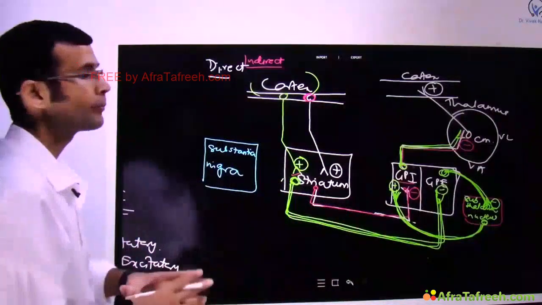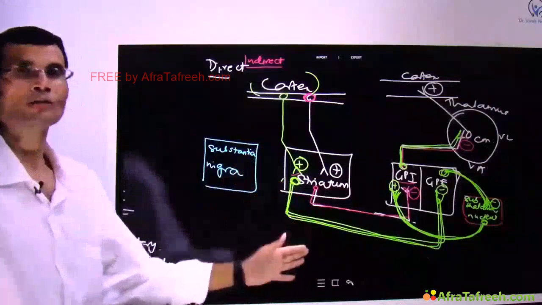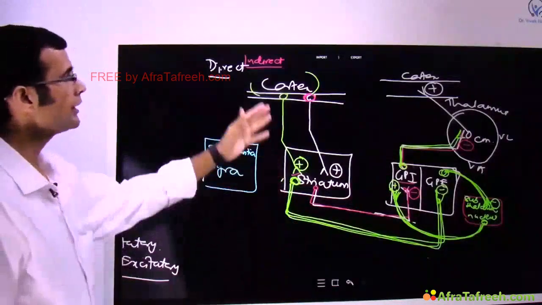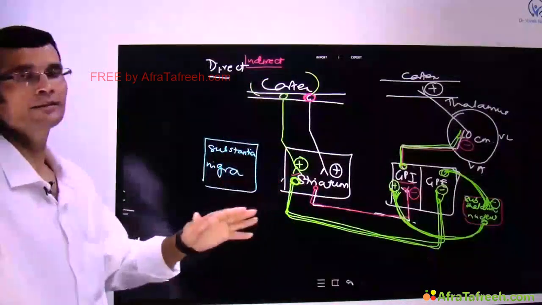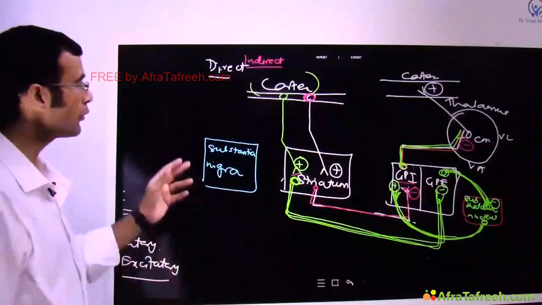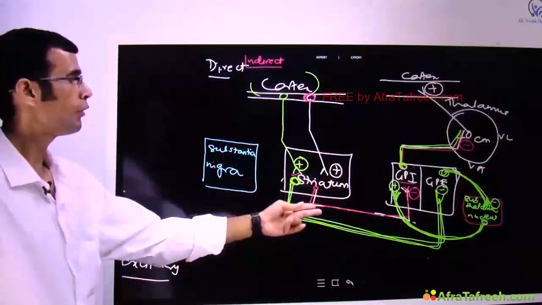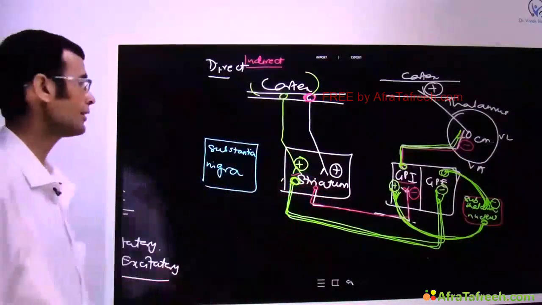Its function is to modulate the activity of striatal neurons involved in the direct and indirect circuits.